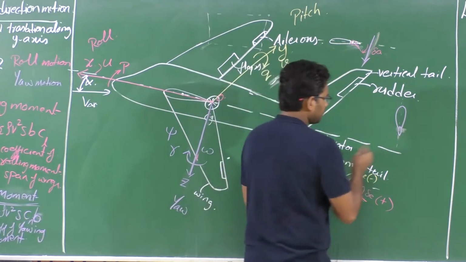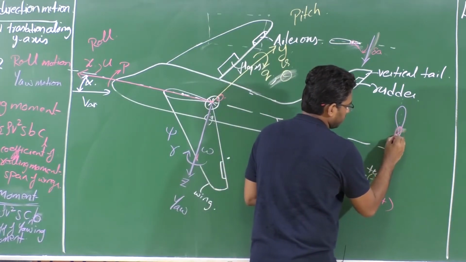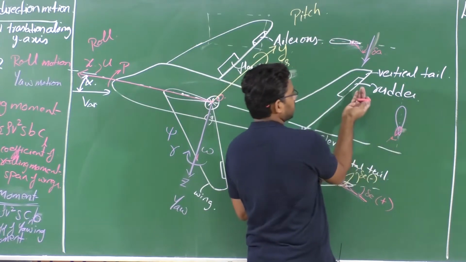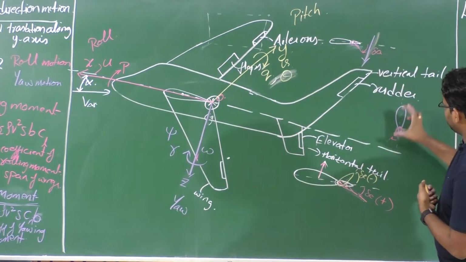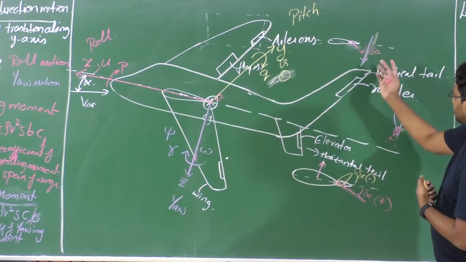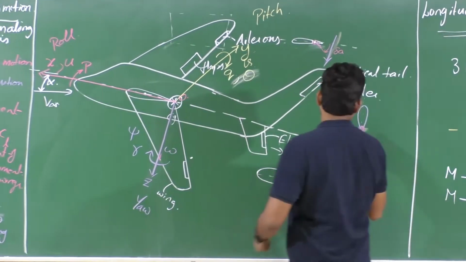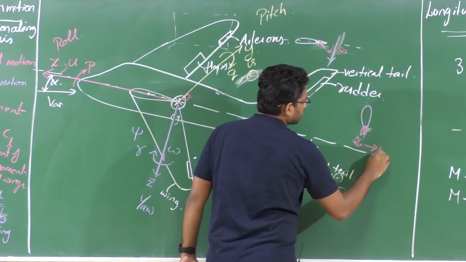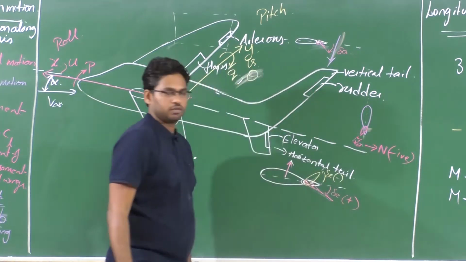So if I have this rudder deflected towards the left side, you just translate it and place it like this. If you deflect this outside, then it is considered as positive delta R. So positive delta R results in negative N, negative yawing moment, right?